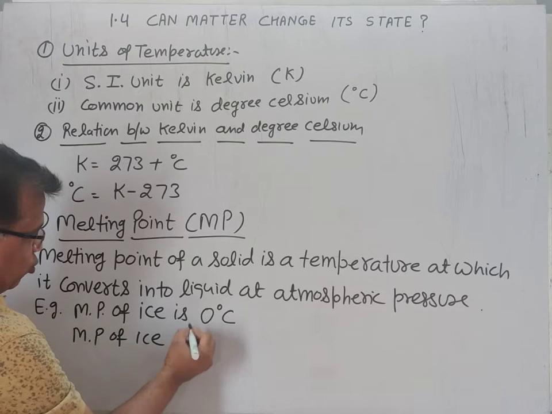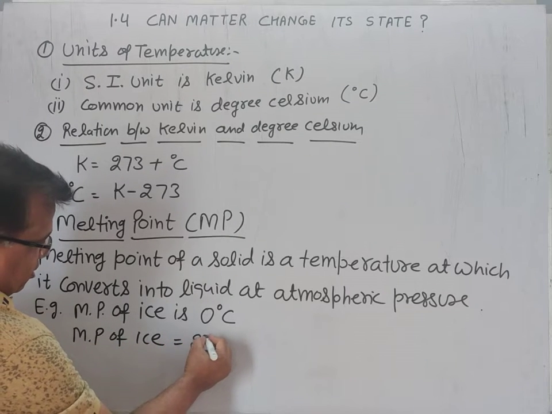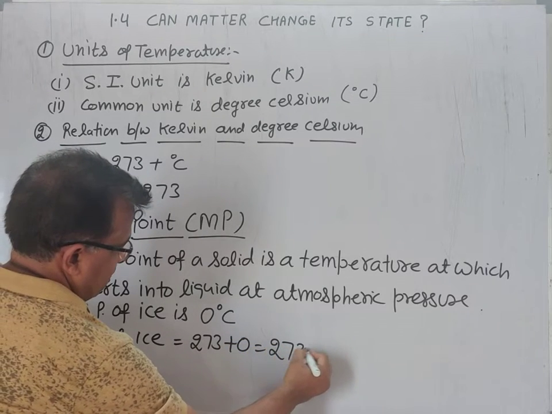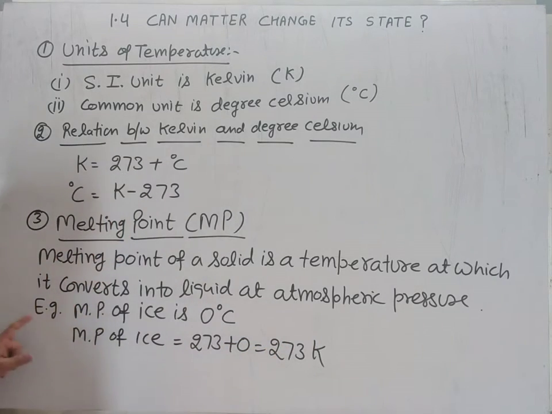So it is equal to 273 plus 0 is equal to 273 Kelvin. So thus melting point of ice is 0 degree Celsius or 273 Kelvin.